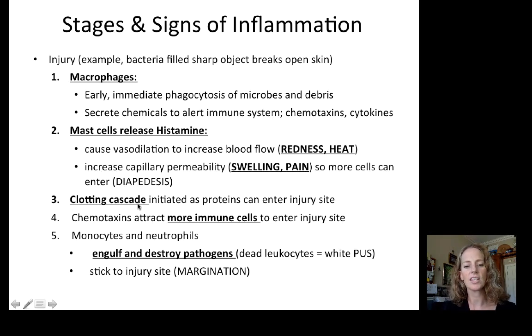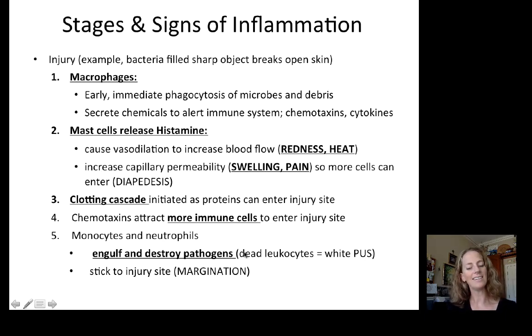After that, we can initiate the clotting cascade so the injury site can begin to be plugged off. The chemotaxins will continue to attract immune cells to enter the injury site, and the monocytes and neutrophils will move in to start engulfing and destroying pathogens. So again, these are white blood cells that will come in and start killing pathogens.